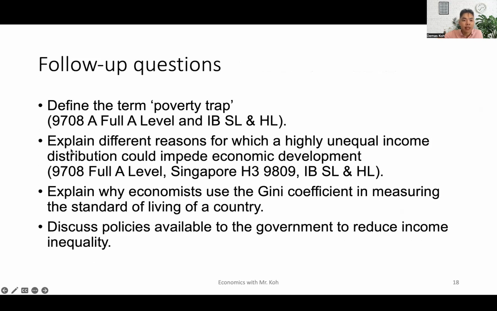And then second, explain different reasons for which a highly unequal income distribution could impede economic development. Third, explain why economists use the Gini coefficient in measuring the standard of living of a country. And finally, discuss policies available to the government to reduce income inequality. Definitely ponder over these questions because they should be quite helpful in your learning.